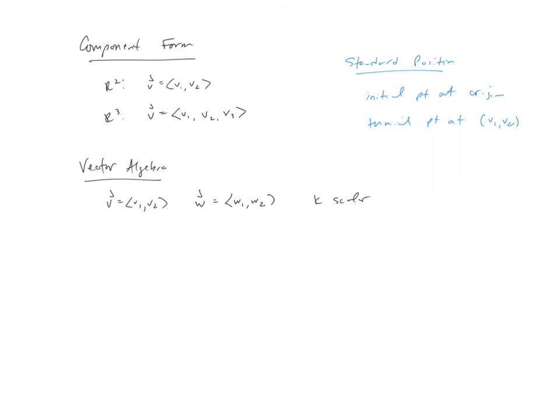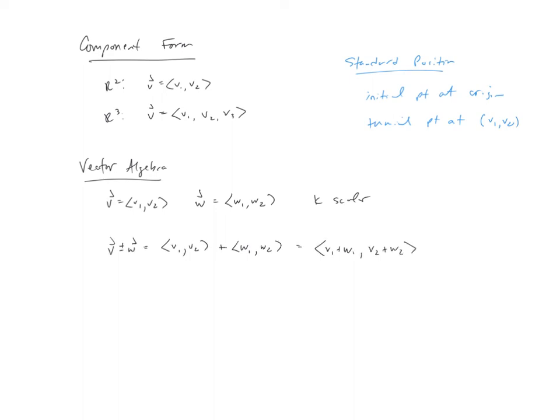So if we want V plus or minus W, our V, which is V1, V2, plus our W, which is W1, W2, is going to equal V1 plus W1, and then V2 plus W2.